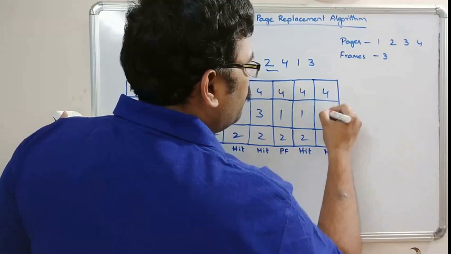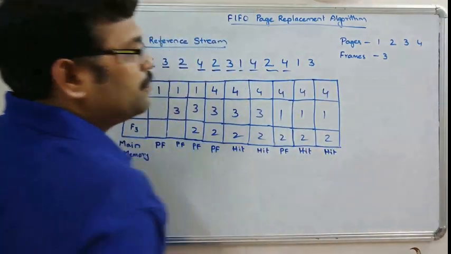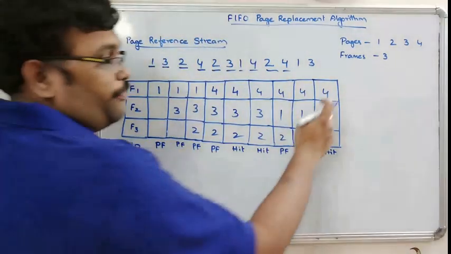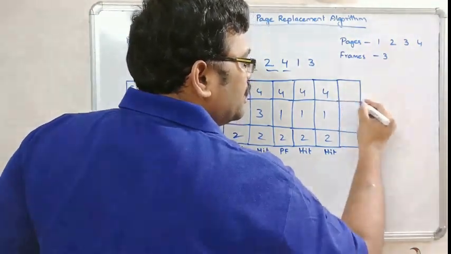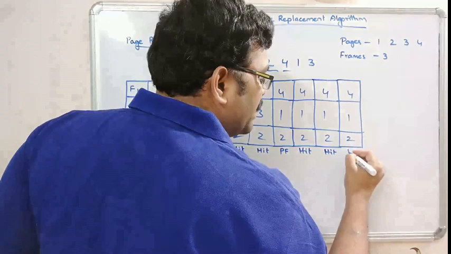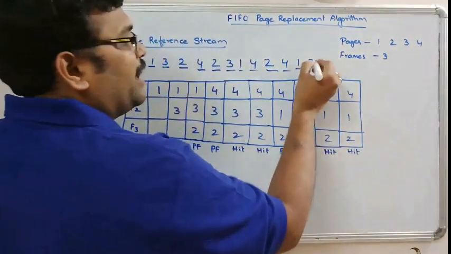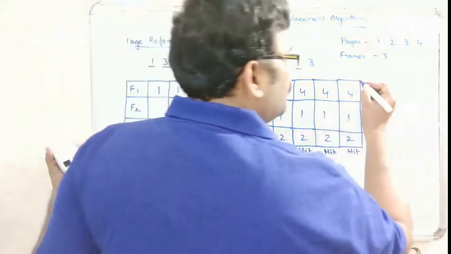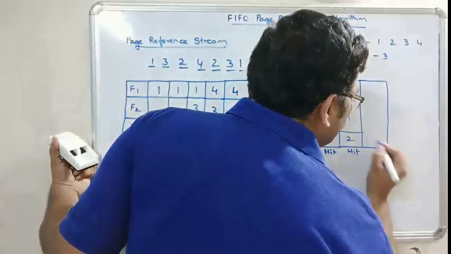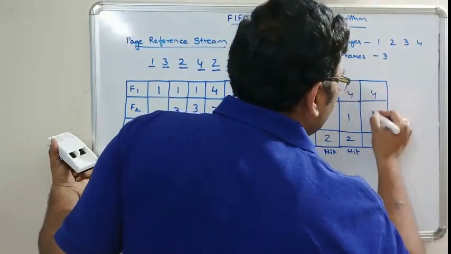No change. So 4, 1 and 2. Again 4. 4 is also available, so there is no page fault. It's again a hit. Again 1. 1 is already in main memory, so again there is no page fault. It is a hit.